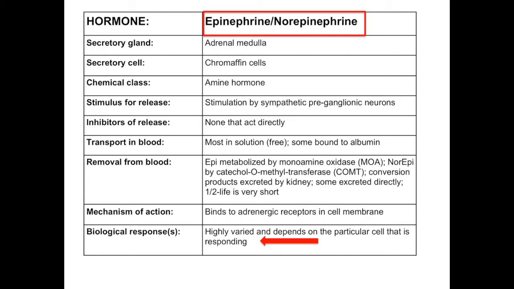And the half-life of these catecholamines is very short. They act by binding to adrenergic receptors in the cell membrane, and their response is highly varied depending on the particular cell that is responding. It's involved in vasotone, arterial tone, causing vasoconstriction, but the aspects that we are going to be talking about mainly in this block are its metabolic effects.